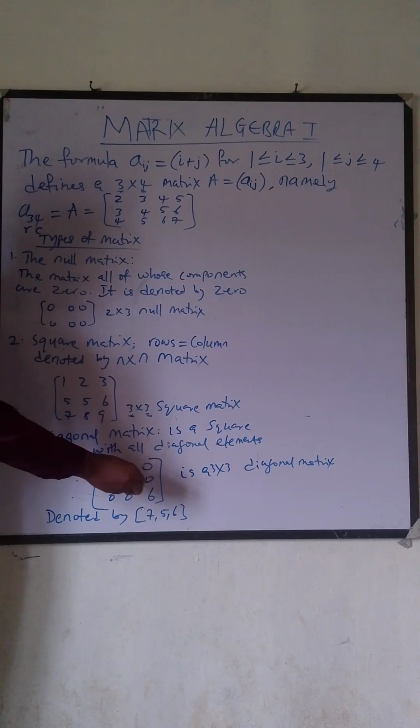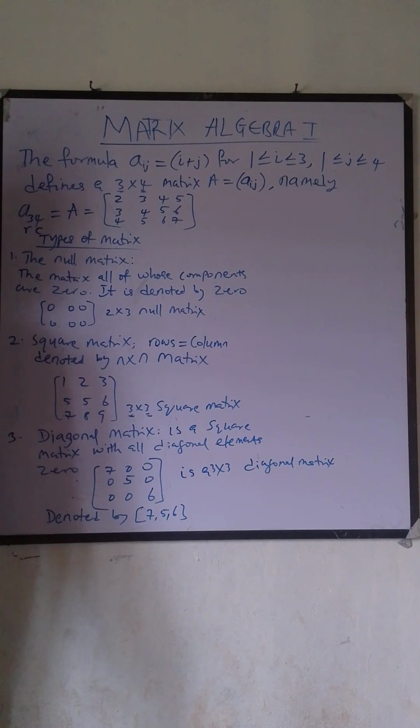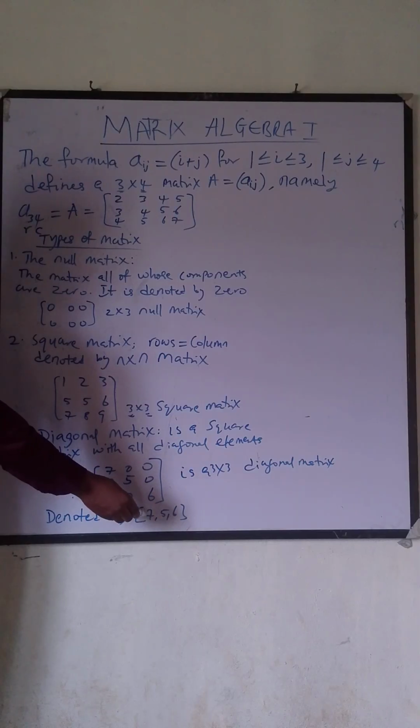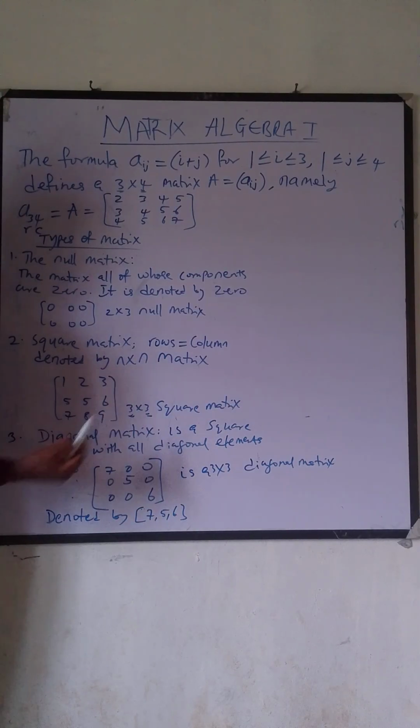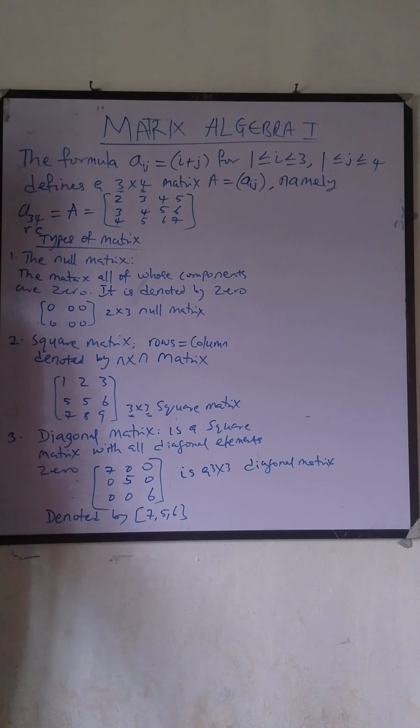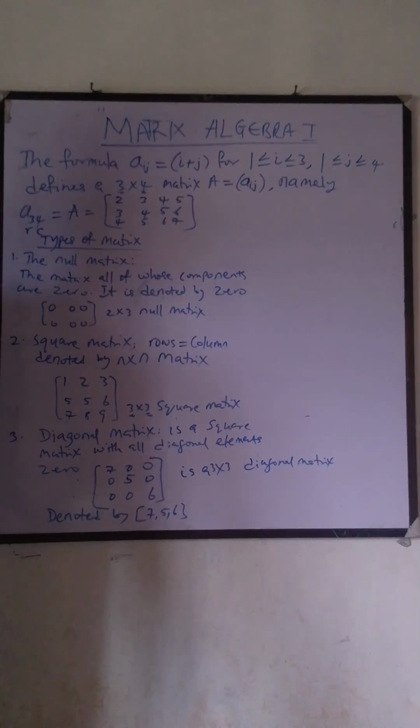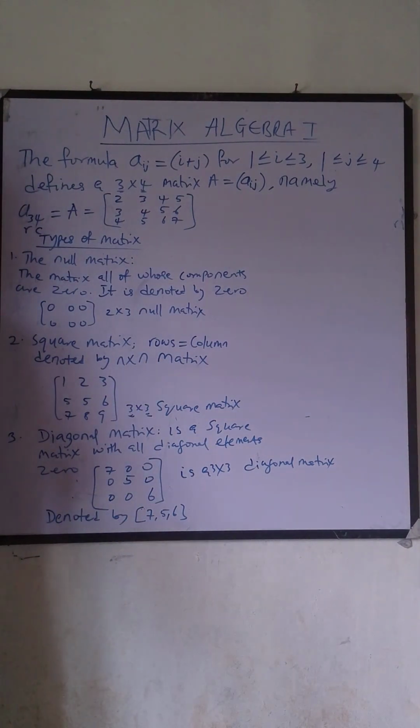So check this line: this side 0, the other side 0. The off-diagonal elements are 0. So it's denoted by the dimension 7, 5, 6. That is that. So go through it. We'll add more types as we move on. Thank you.